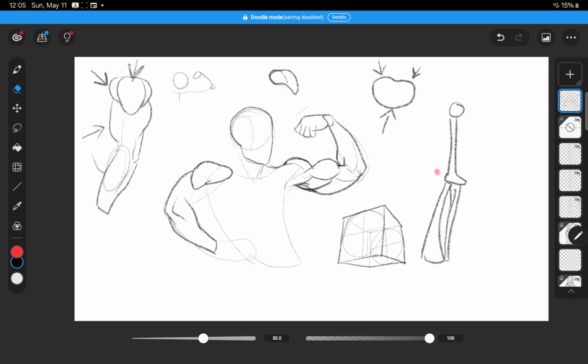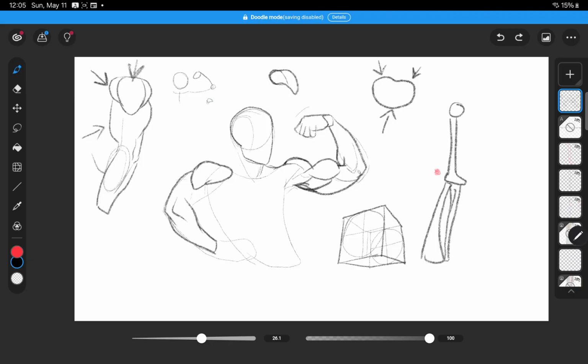All right. And then you have the bicep. So again, I'm thinking of this whole thing wrapping around like so, and it's a little more slanted.